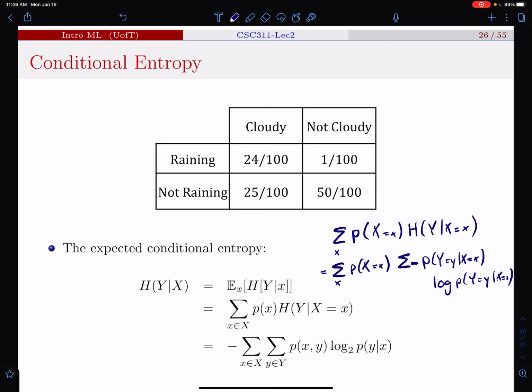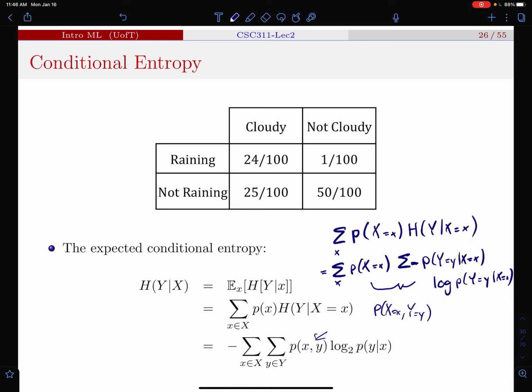If you end up combining the two terms on the right, we have probability x and probability y given x. These two terms combine into probability of x equals x and y equals y. So that's why you get the joint probability of x and y here. And then we also still have this log term. So the expected conditional entropy ends up having the joint distribution times this log conditional distribution.